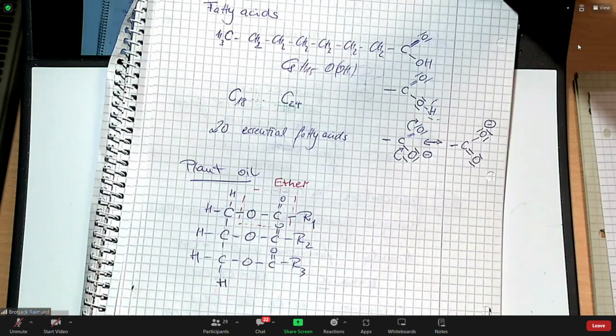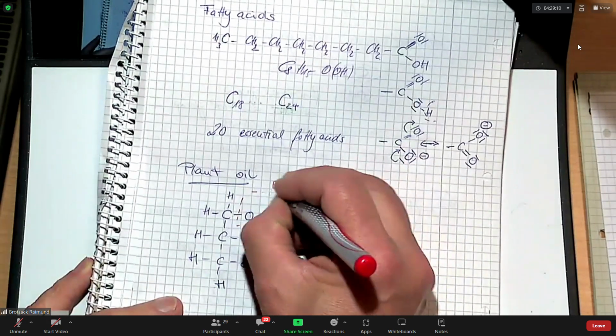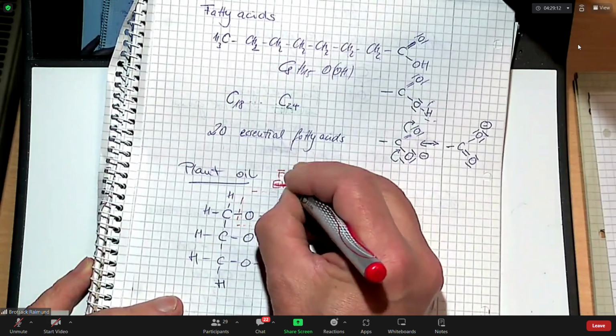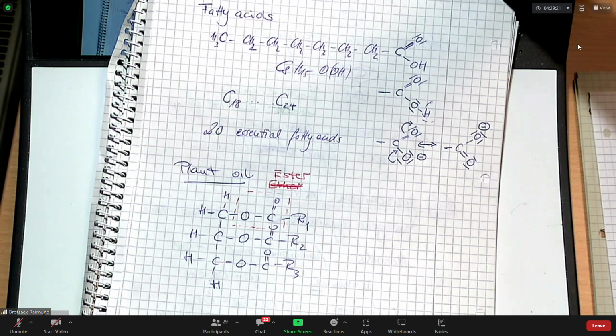It's an ester. Ester. Sorry, I mixed it up. That's an ester. And that is the structure of a plant oil.